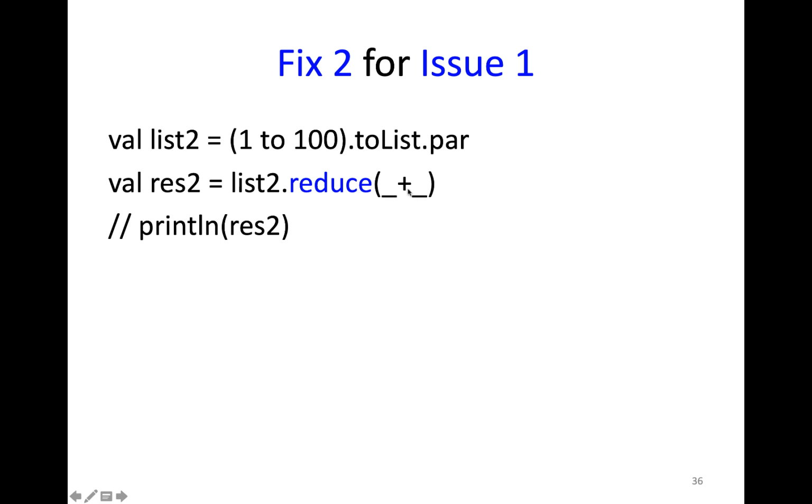Remember, this is a shortcut of writing this anonymous plus operation. We can have also an extended form, but it doesn't matter now. So reduce is an aggregation function which takes this anonymous sum operation and applies it to all items, and reduce takes care of the locking by itself. So this is the fix 2.